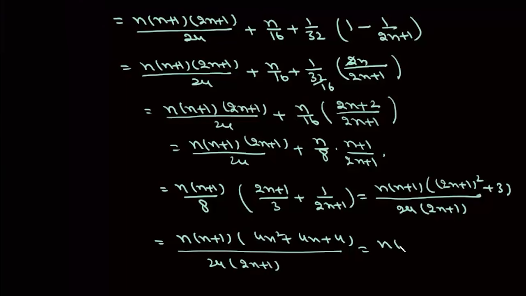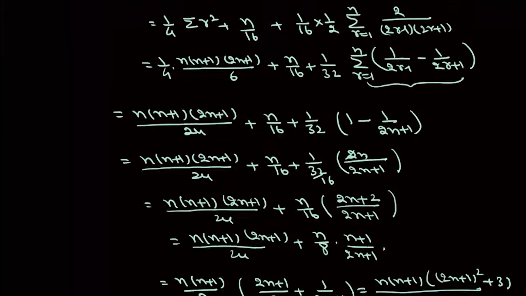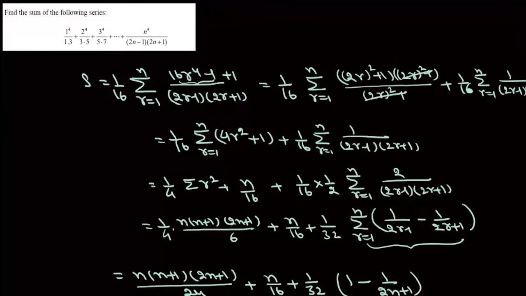So we'll get (n+1)(n square plus n plus 1) upon 6 into (2n+1). So the answer to this question, the value of the series, is (n+1)(n square plus n plus 1) by 6 into (2n+1).